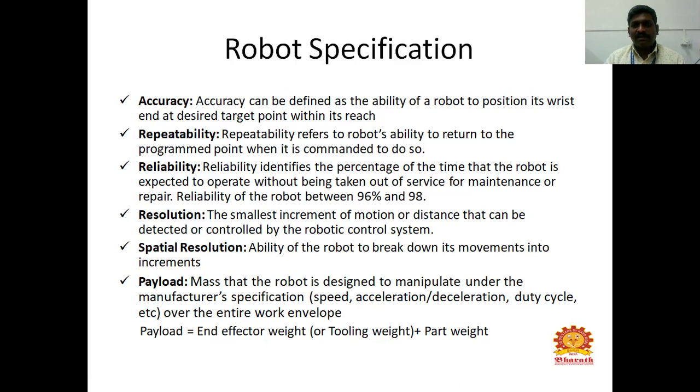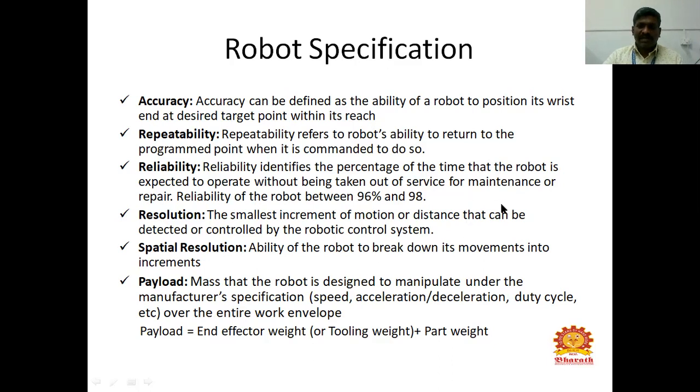If the resolution is 0.5, it means 3.5, 4.5 like that. Next is the spatial resolution: the ability of the robot to break down its movement within the increment.